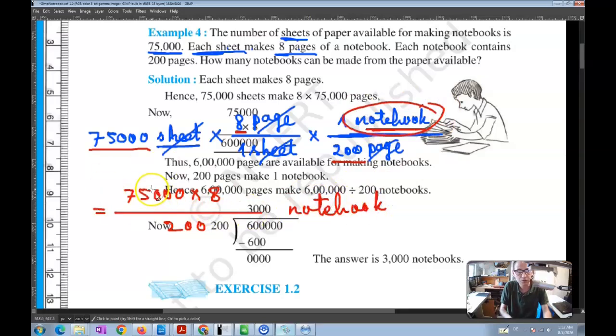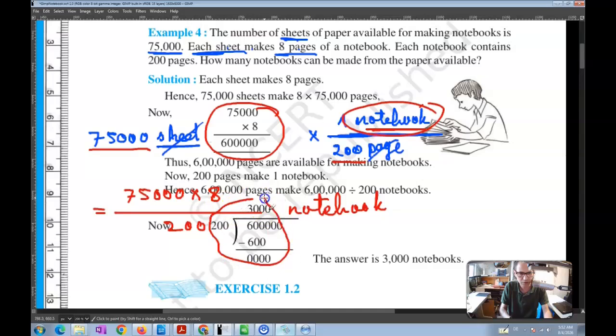And then you can do the same calculation, meaning that first you multiply 75,000 times 8, which is what we had over here. You can do this part first, and that calculation becomes 600,000, and then you do 600,000 divided by 200, which gives you 3,000. So that's 3,000 notebooks.